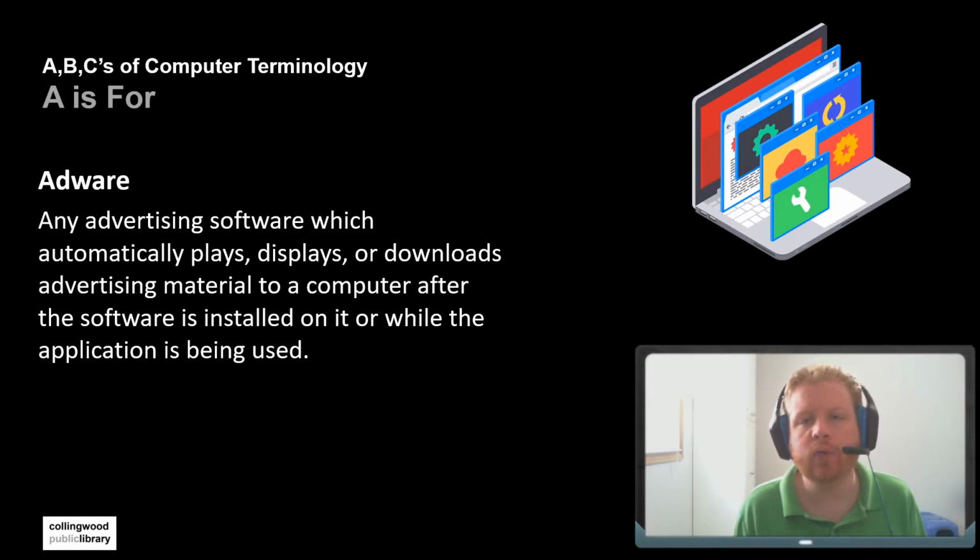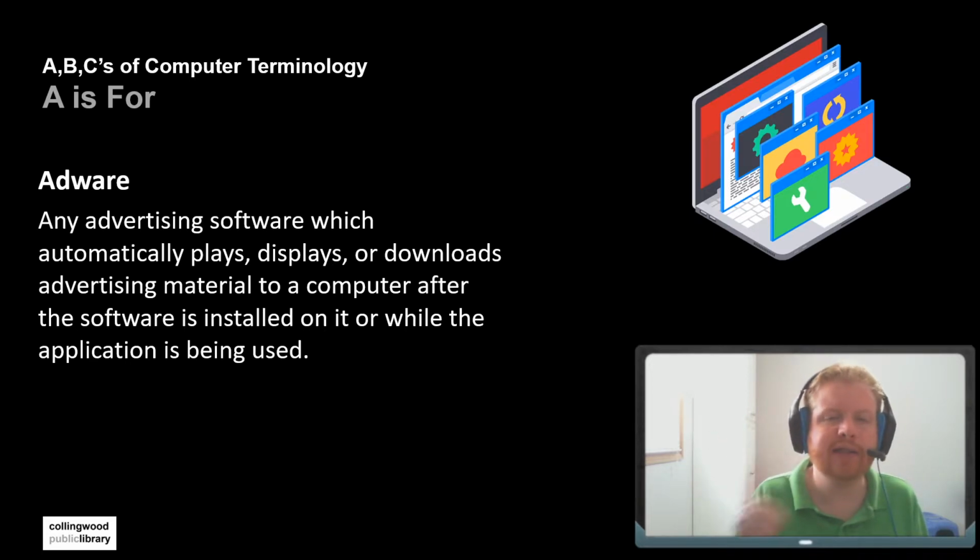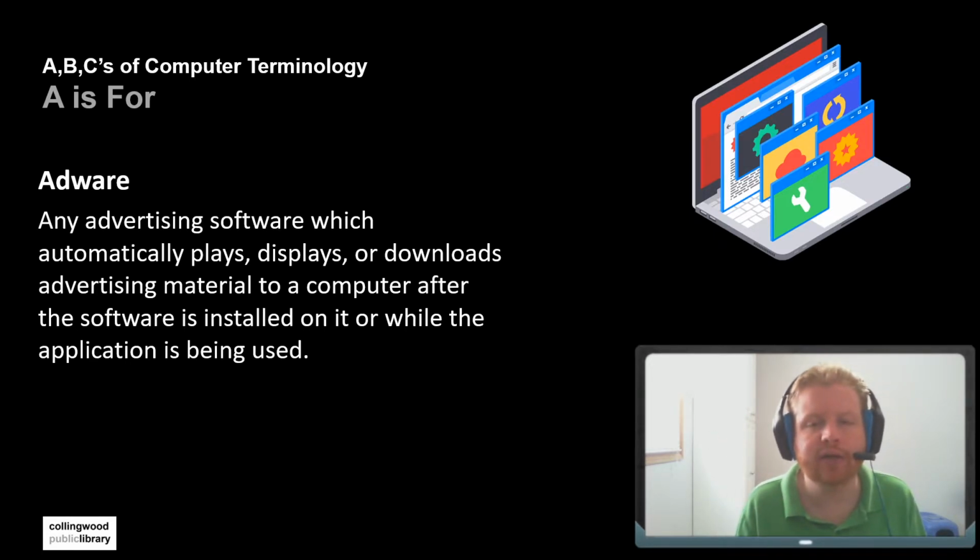Generally, we want to avoid clicking or interacting with them. The best approach is hitting X, but not clicking yes or agreeing to any of their terms. You can also get other software that helps prevent these with your internet browser, which I definitely recommend searching for if you do have problems with adware.